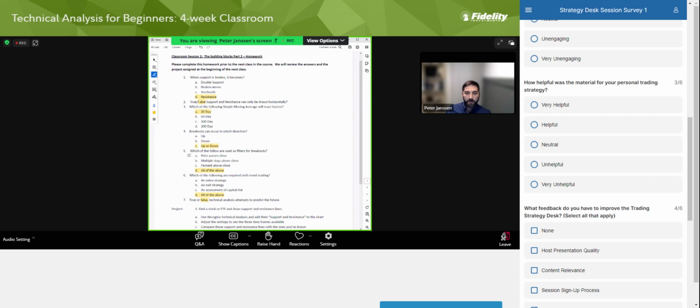Question 5, which of the following are used as filters for breakouts? We've got price passes close, multiple days above close, and a percent above close. And all of the above is the answer we're looking for. It can even be more of these. The concept of a confirmation filter: a classic example I always give is that a breakout is our signal.